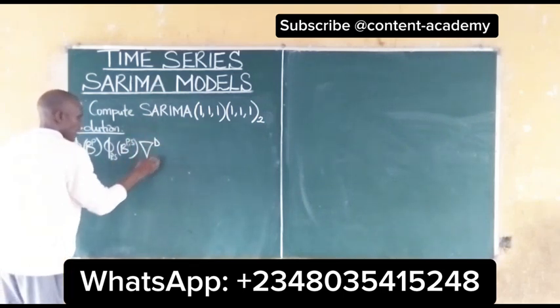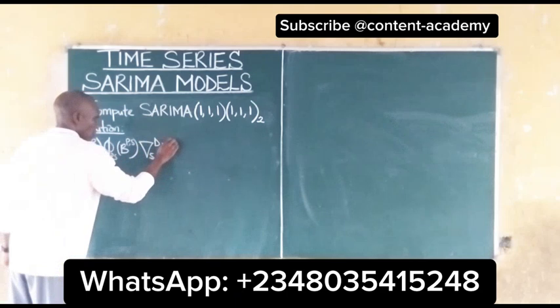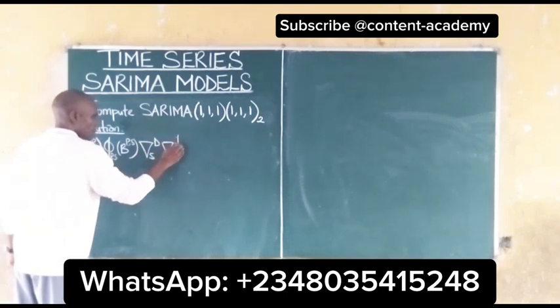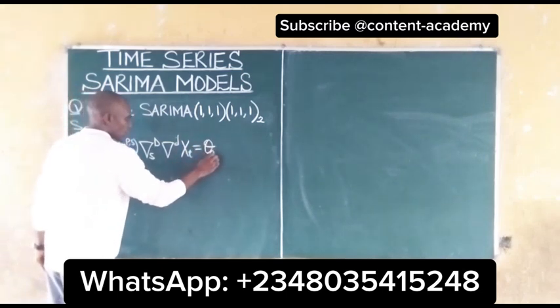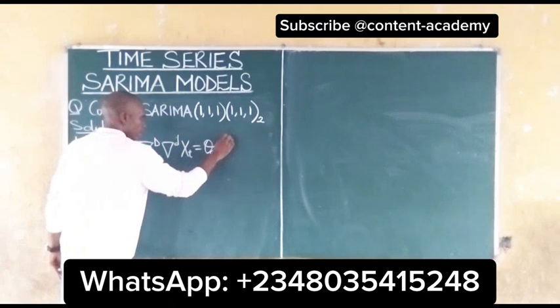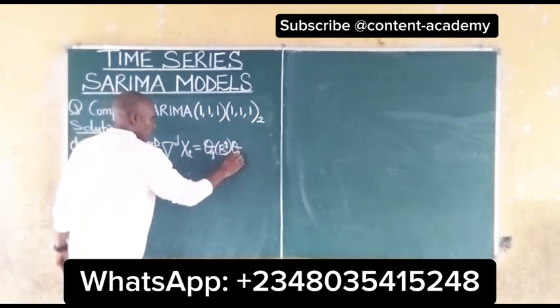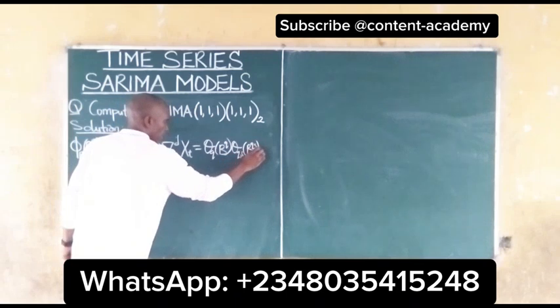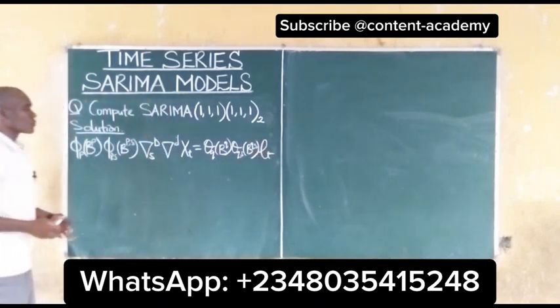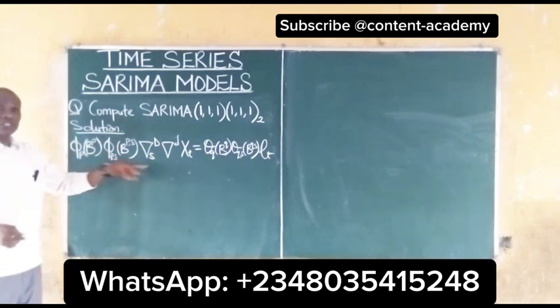We have our differencing part, the seasonality, we have our differencing part, we have X_t, we have the moving average part. Then we have e_t. So whatever we are doing, we complete it to this form.